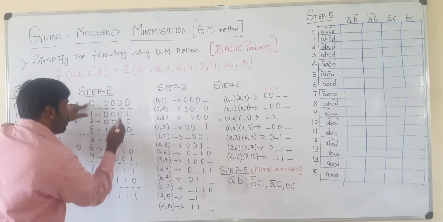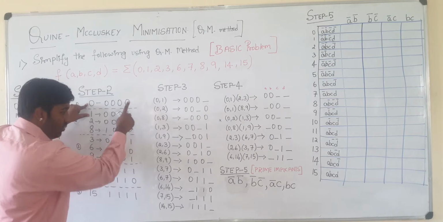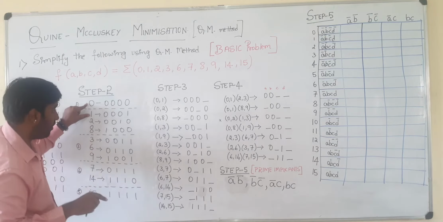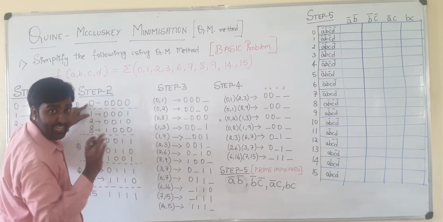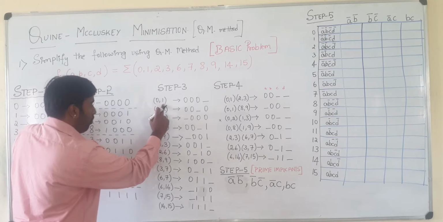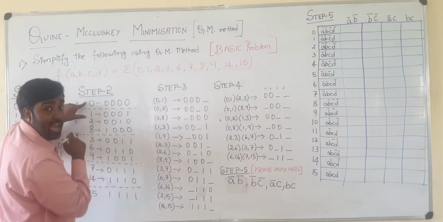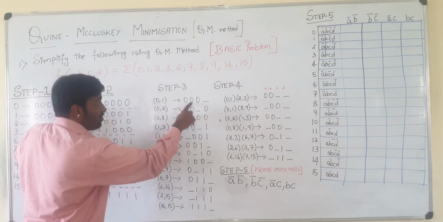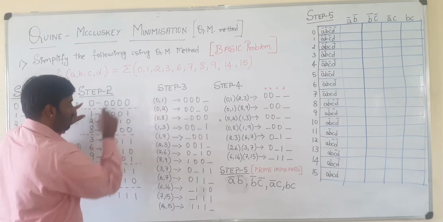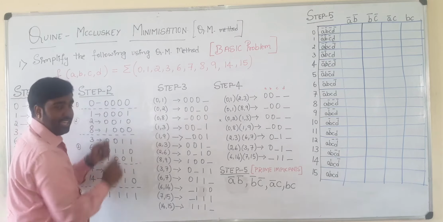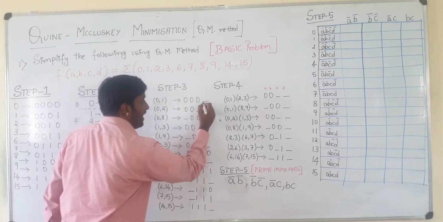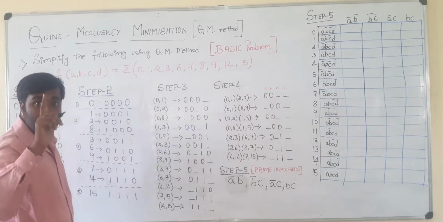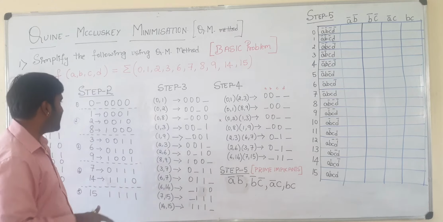Here it has 0, here it has 1. So I will write this as 0, 1, and in the representation, the three zeros are the same and this bit is changing, which I will represent as a dash. This is very important. I will repeat it once again.